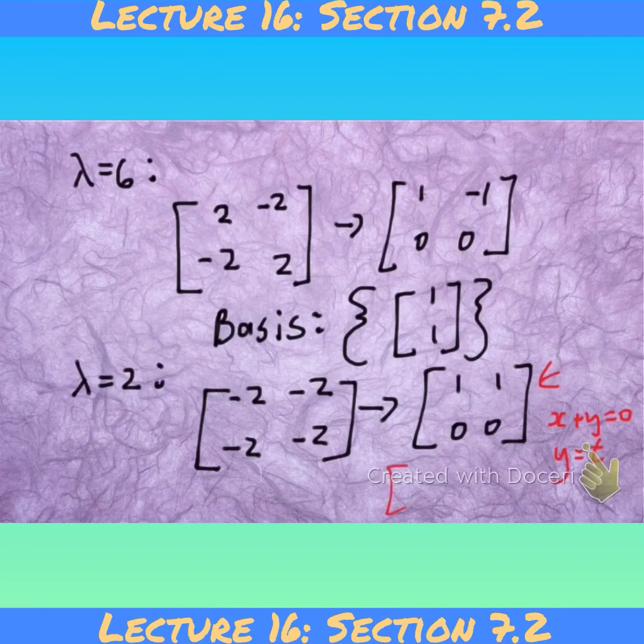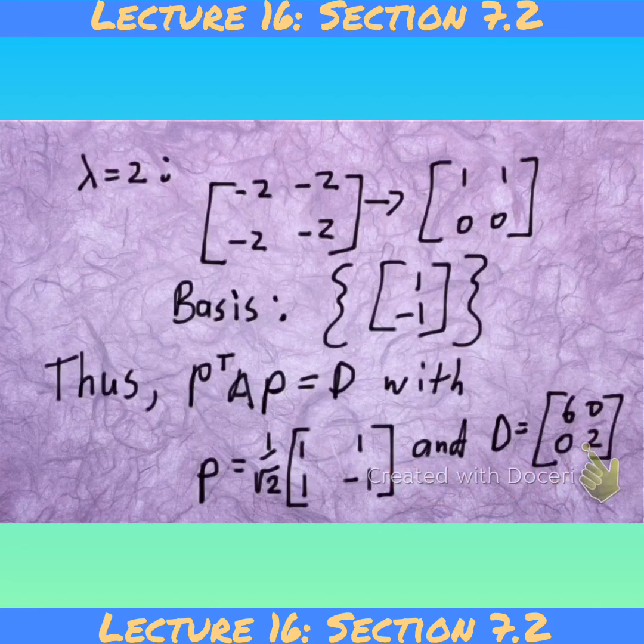Your solutions become all that have the form t times (minus 1, 1), and that corresponds to this basis vector. So now you've got two basis vectors: a basis vector (1, minus 1), and a basis vector (1, 1). Those are my two basis vectors.